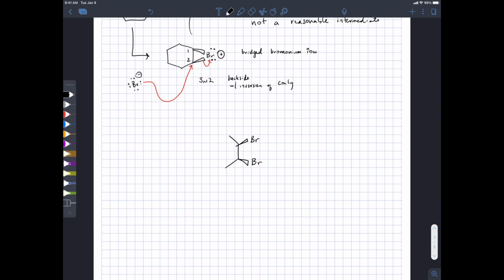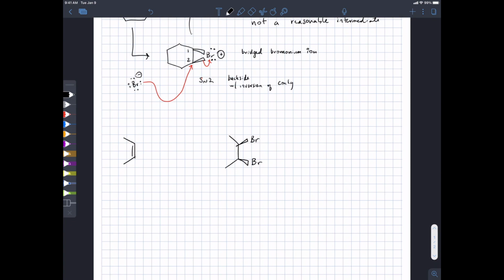Relative to what? When I look at it from this perspective, it looks like if my starting alkene were this, no, that isn't an anti-diastereomer. It looks like the Brs both got added to the same side.